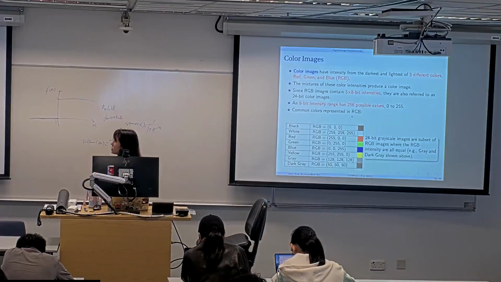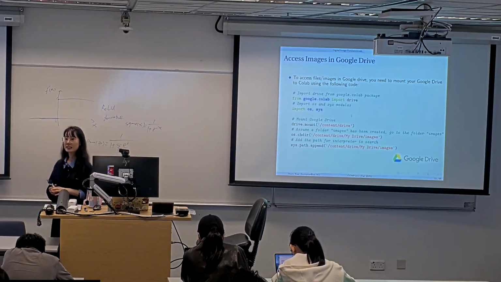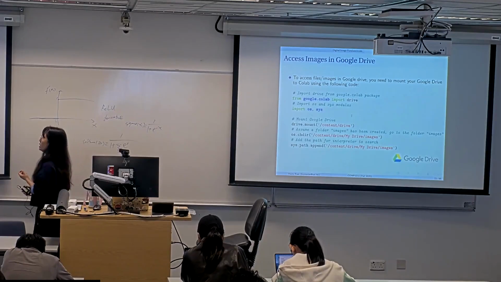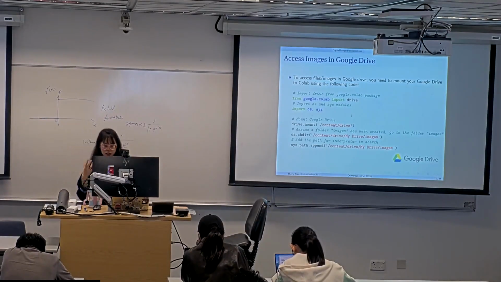All right, that's just some fundamental introduction about the different types of images. Next is how to manipulate images in Python. If you want to access images, usually we use Google Drive, so you first need to mount your Google Drive to Colab. I believe this is already very familiar to you if you finished these labs.